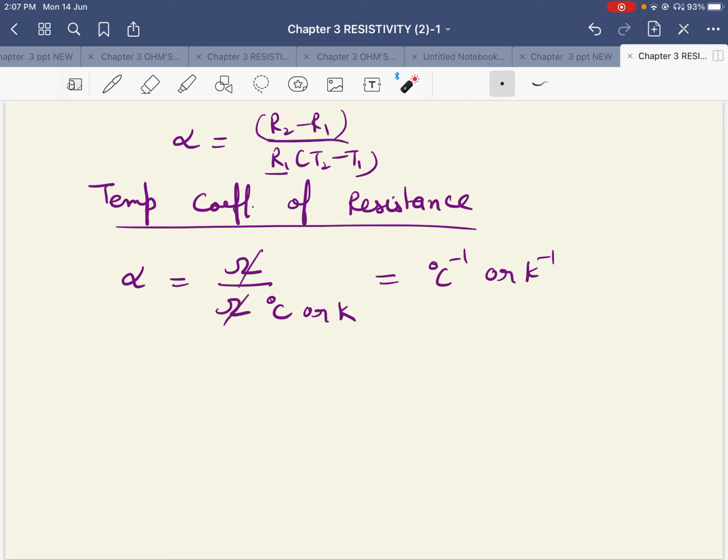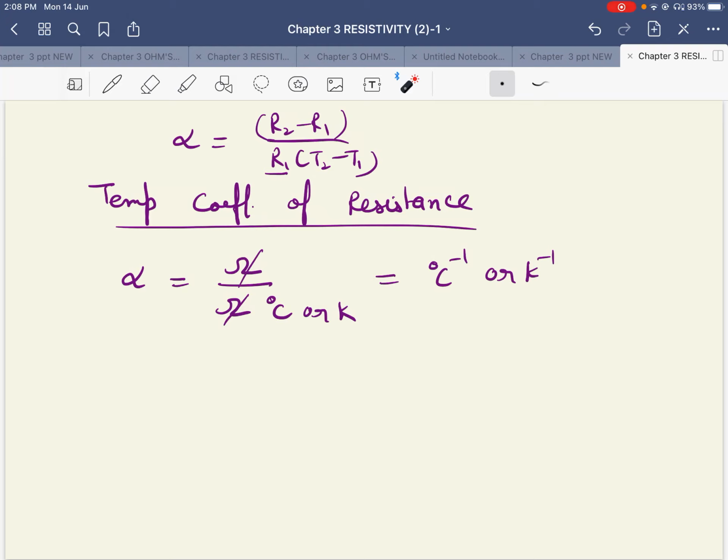And it is also defined from this equation: temperature coefficient of resistance is equal to change in resistance per unit original resistance per degree rise in temperature. How much resistance will change for 1 degree rise in temperature, that is known as temperature coefficient of resistance.